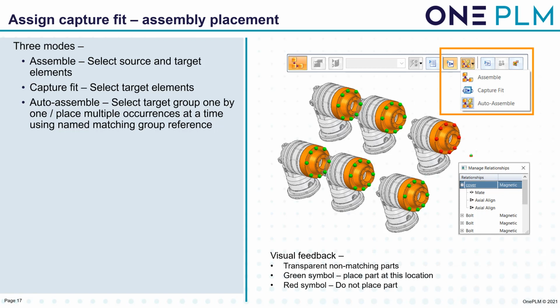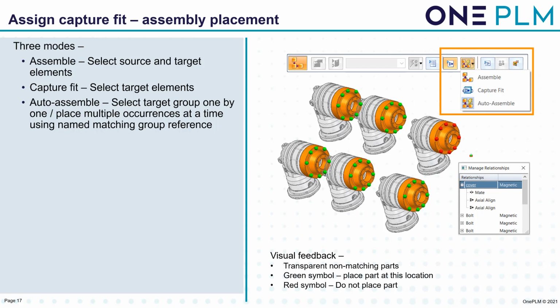Select target elements is like our capture fit that we're used to, which has been around for 15 years maybe. And then we've got our auto assemble, so we can select the target group one by one, place multiple occurrences at a time using named matching group references. Some really clever stuff on there.